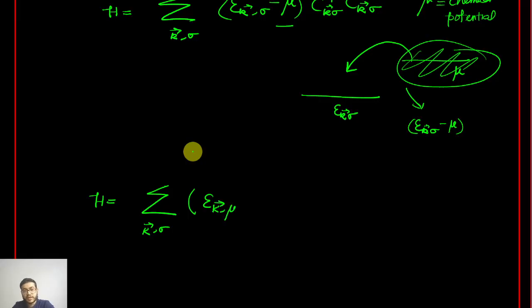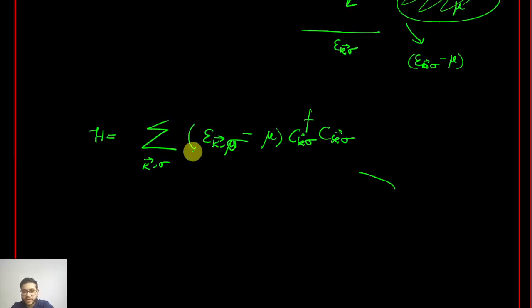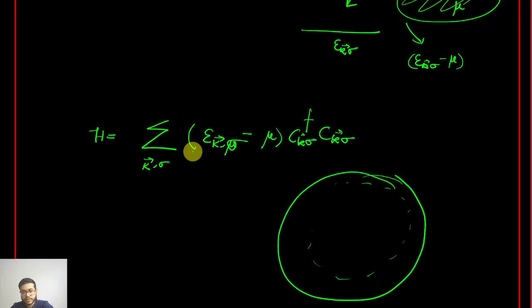But this c_k sigma is only the electron creation operator. What about holes? Because what happens in the Sommerfeld model? An intuitive visualization of this is that there are electrons all over the place. This is the Fermi sphere that we talked about in the last class. The electrons on the top, or just below, can get promoted to an empty state.